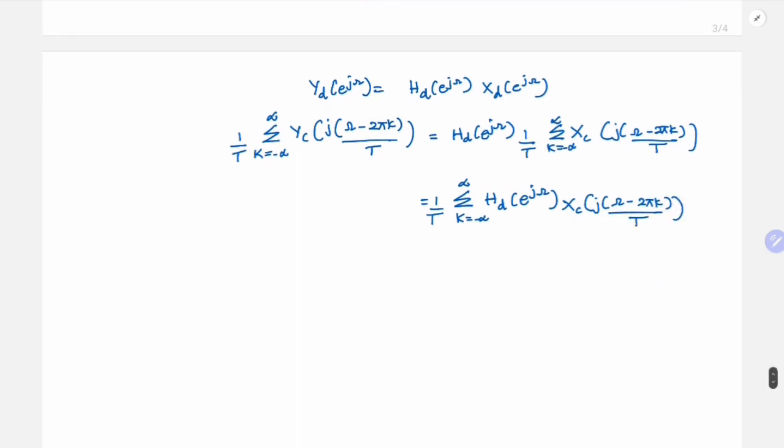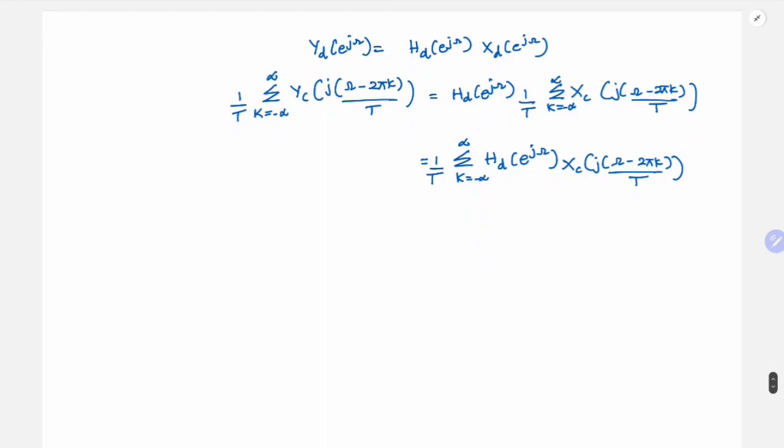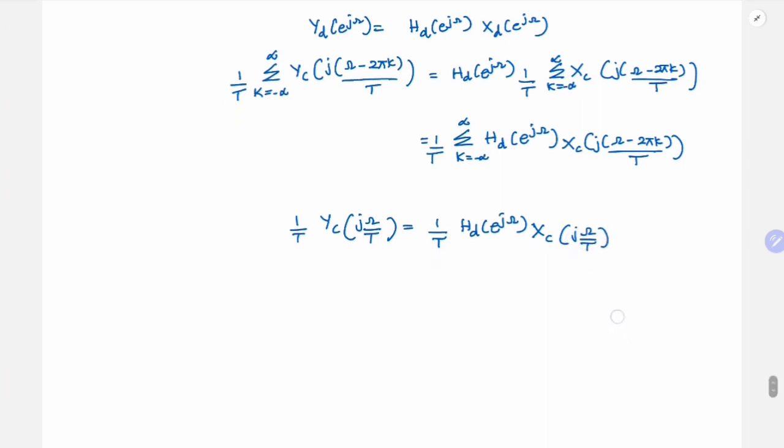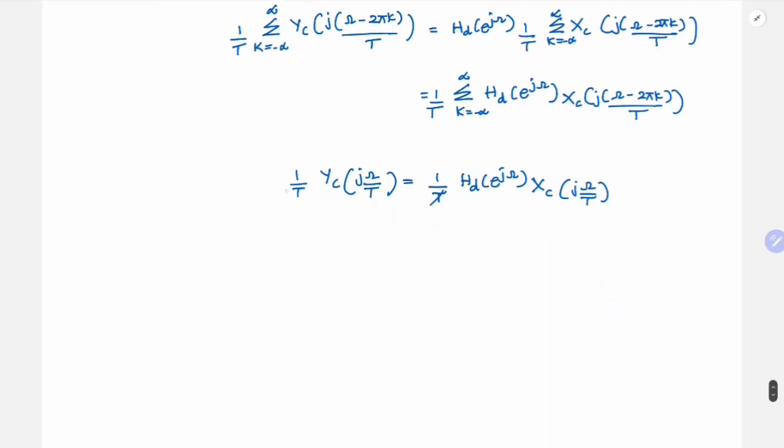If I relate term by term, we can see that it is just frequency shifting, right? So I can take only the k equal to 0 term and try to see the relation. I'll get 1 by T Yc of j omega by T is equal to 1 by T Hd of e power j omega Xc of j omega by T. So T will cancel.